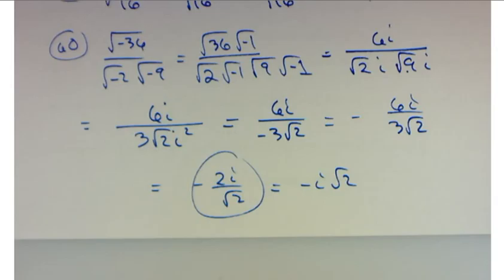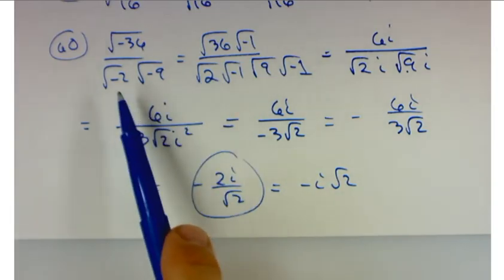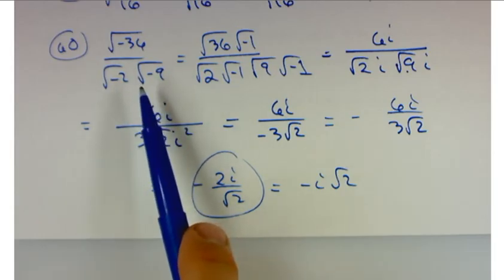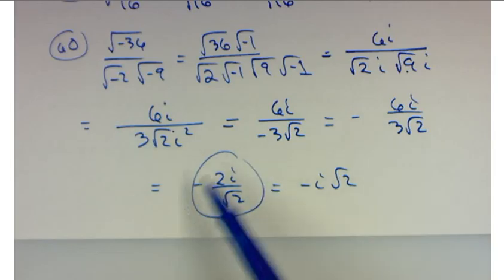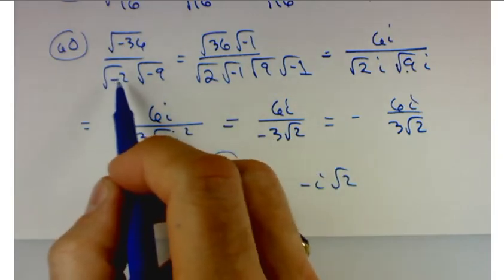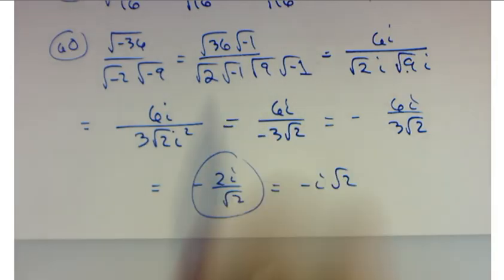The point of this, though, is in how you simplify these things. You do not want to multiply this together and get the square root of 18 in the denominator. If you did, then you'd end up with the wrong sign when you're all done. So, once again, what I want you to get is simplify the square roots first by factoring out the negative, and then simplify everything else.